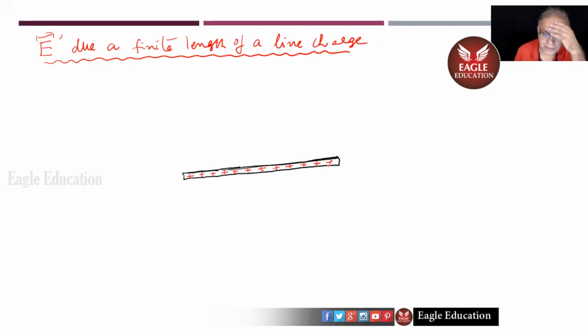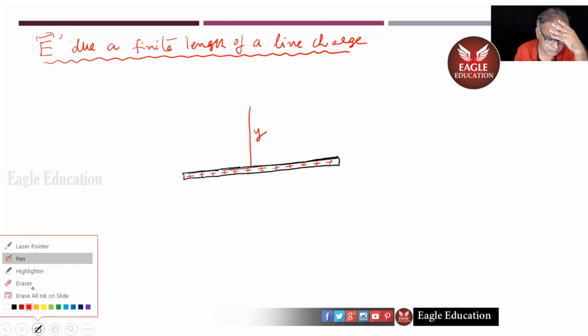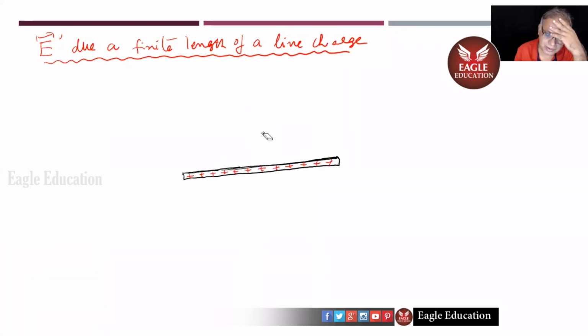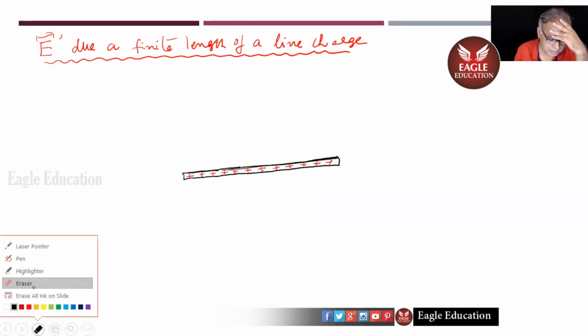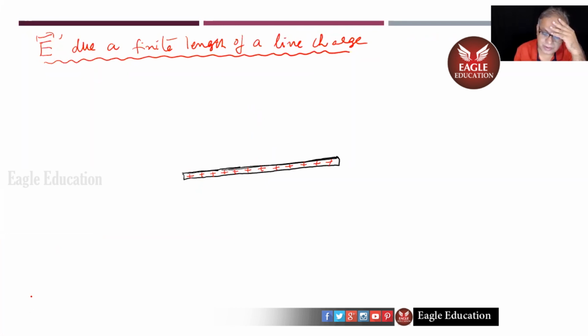For this, I would like to find out the field at a perpendicular distance y. This is a perpendicular bisector. It doesn't look like that. I'll just change it and put it in the middle. Here in the middle of it, at a distance y, how much is E?